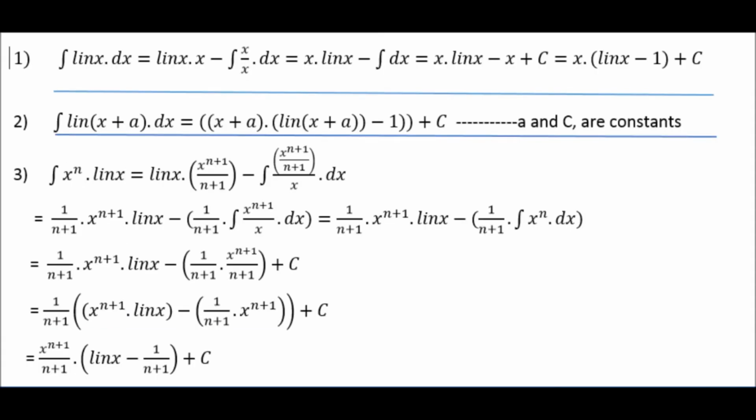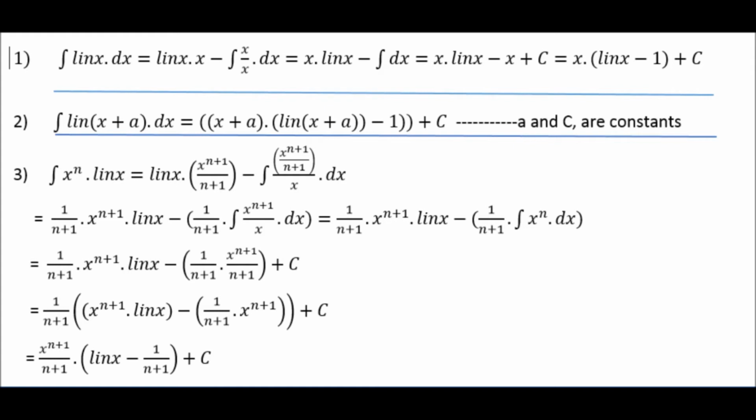Now our second integral is the integral of ln(x + a) dx, which is equal, similar to the integration above, to (x + a) times (ln(x + a) minus 1), plus c. For confirmation, you can differentiate it and you will get the left hand side, which is ln(x + a).